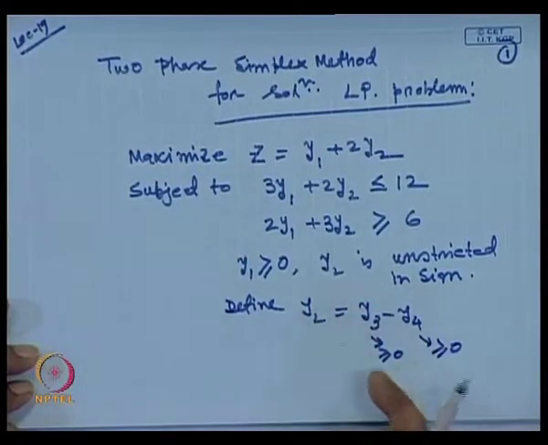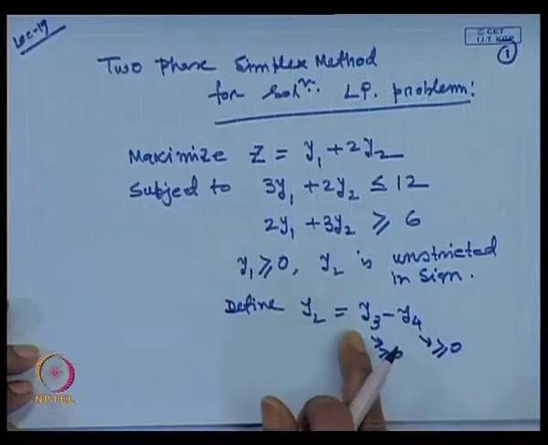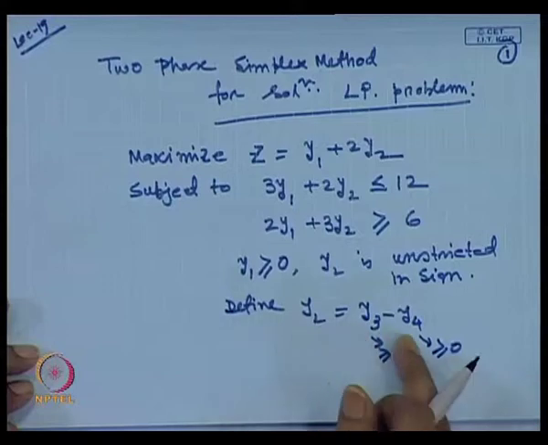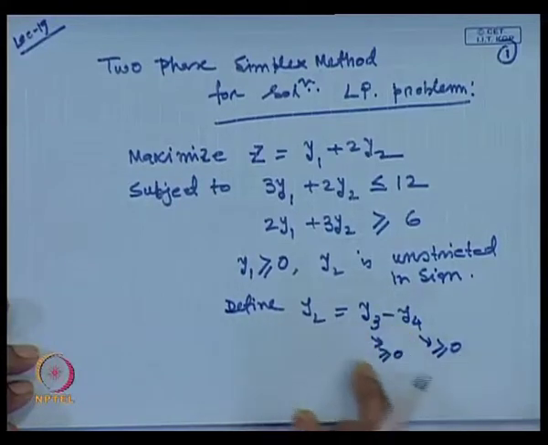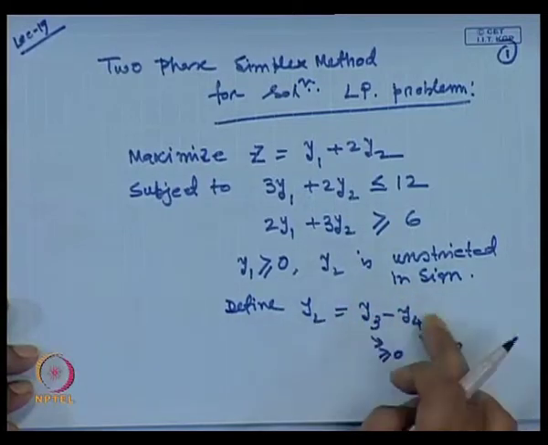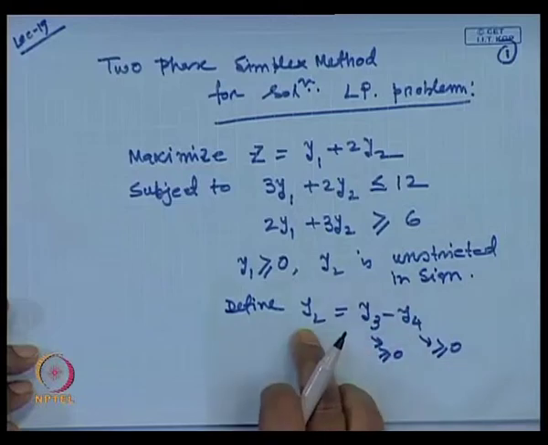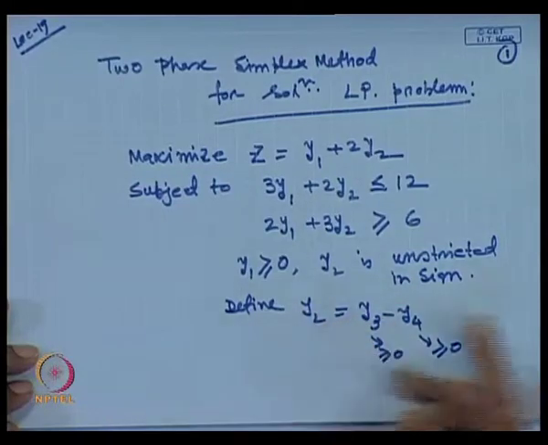We replace y 2 by two new variables, y 3 minus y 4, both greater than or equal to 0. So depending upon the values of y 3 and y 4, y 2 may be positive, negative or 0.